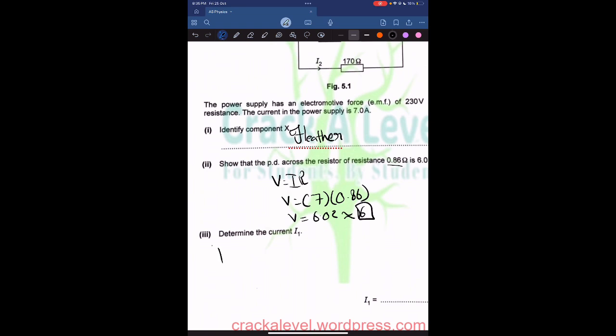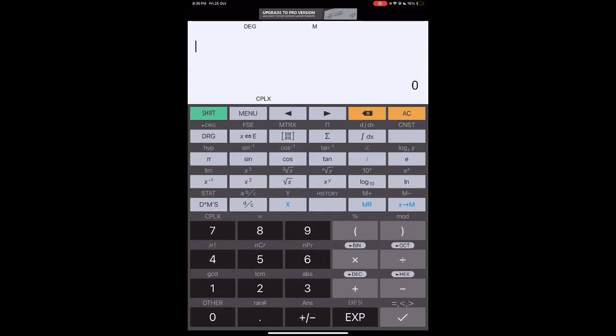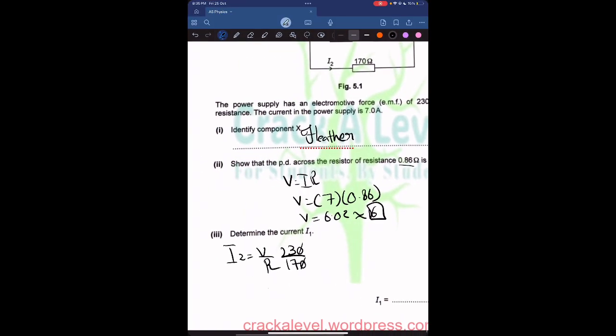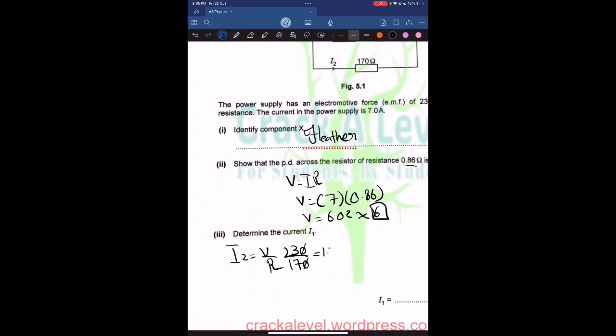I2 is equal to V upon R. V is 230, R is 170, cancel out the 0, so 23 divided by 17. I'm getting the answer to be 1.352. You can round this off, but I don't like to round this off. I want to see till the end.